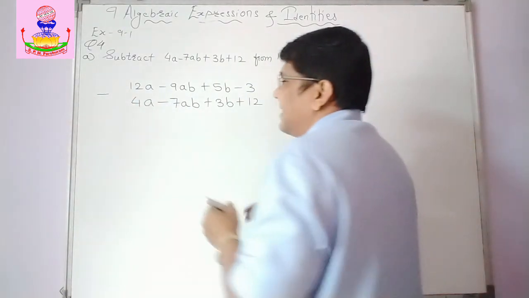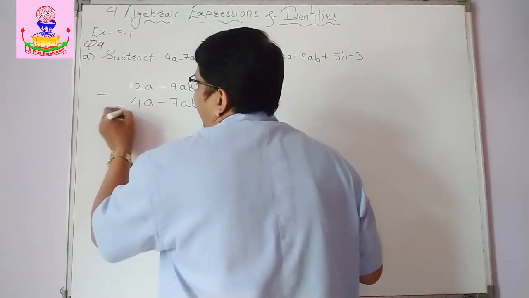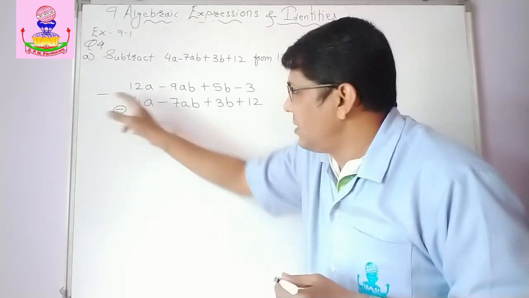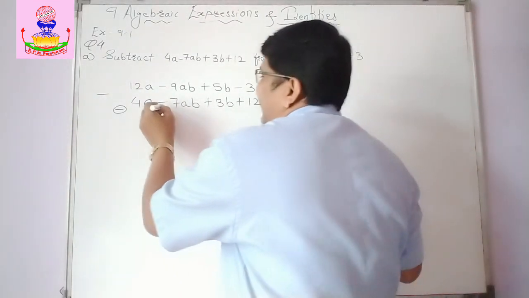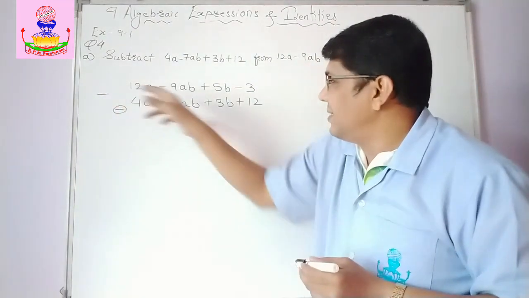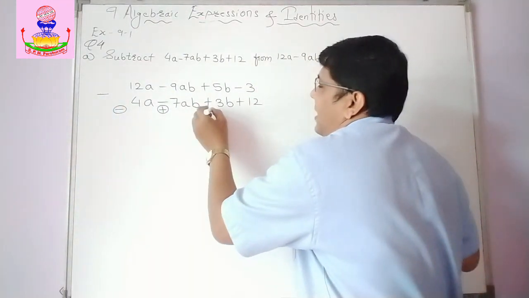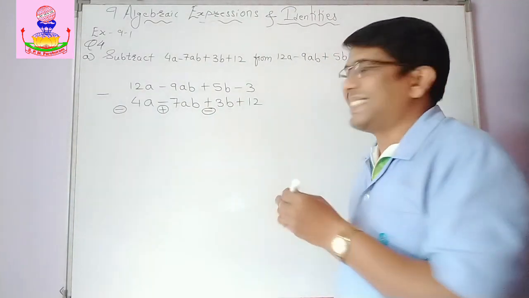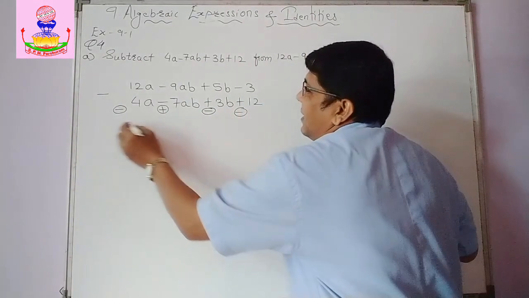So minus into plus, minus. Yes, exactly. Now I have shown it with a circle. Now minus into minus, plus. And minus into plus, minus, and minus into plus, minus.